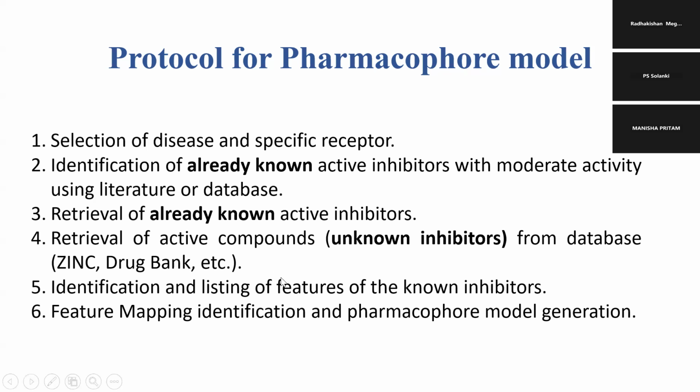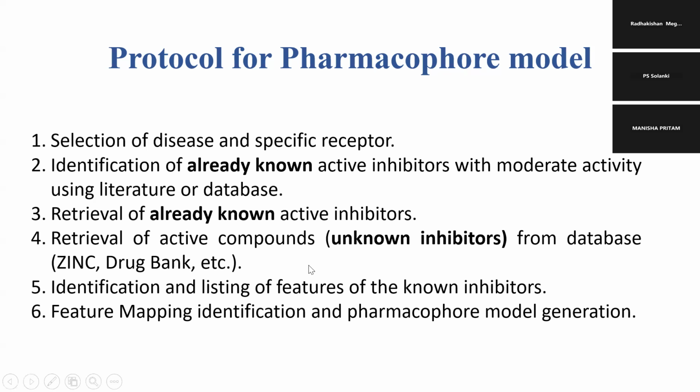After that, we need to identify our inhibitors. So if you are working on a structure based approach, you need to work on the receptor. But if you are working on a ligand based model, you need to identify some active inhibitors. For those active inhibitors, you can go for a literature search or some database.